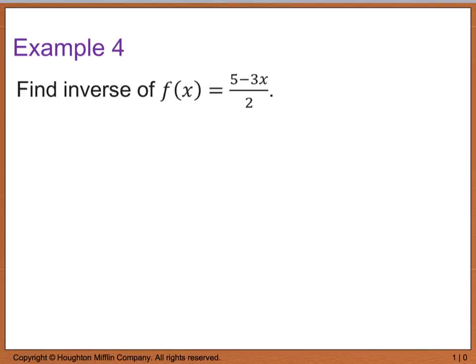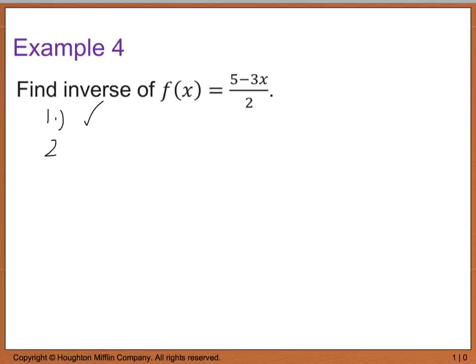Our last example says to find the inverse of f of x, and f of x is equal to (5 minus 3x) divided by 2. If you graph this on your calculator, you'll see that we have a linear function, and that linear function will pass the horizontal line test. So we can say that step 1 checks.